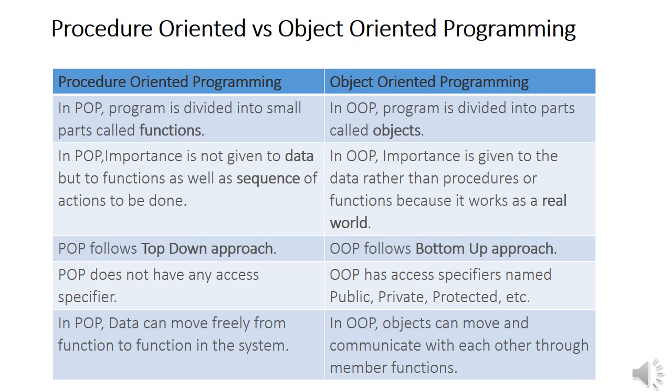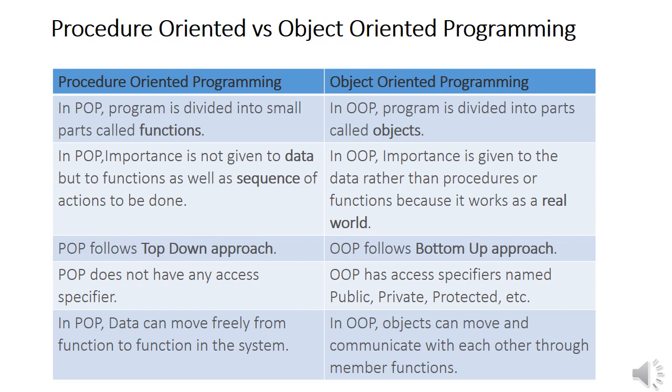In procedure-oriented programming, it follows a top-down approach, but object-oriented programming follows a bottom-up approach. In procedure-oriented programming, it does not have any access specifiers, but in object-oriented programming, we have three access specifiers: public, private, and protected.